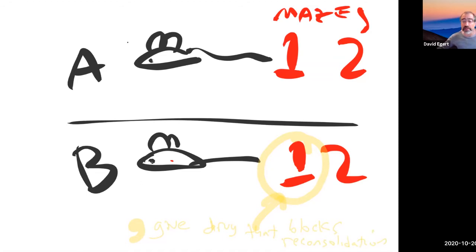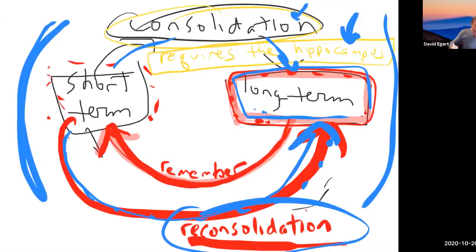They have to remember the maze in order to do it. So they're bringing up all the memories of how to do this maze, left or right, where's the cheese. They're remembering the maze, but we're blocking the reconsolidation, so they can't put it back into long-term memory.